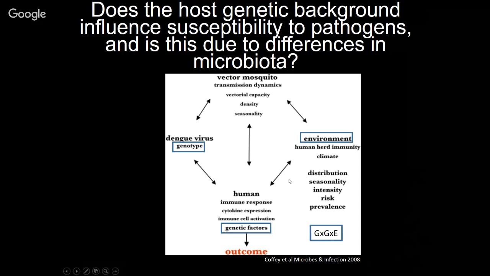We know for other diseases, for example dengue virus, that the ability of this virus to cause disease in humans is based on the genotype of the virus, the genotype of the human, and the environmental differences.